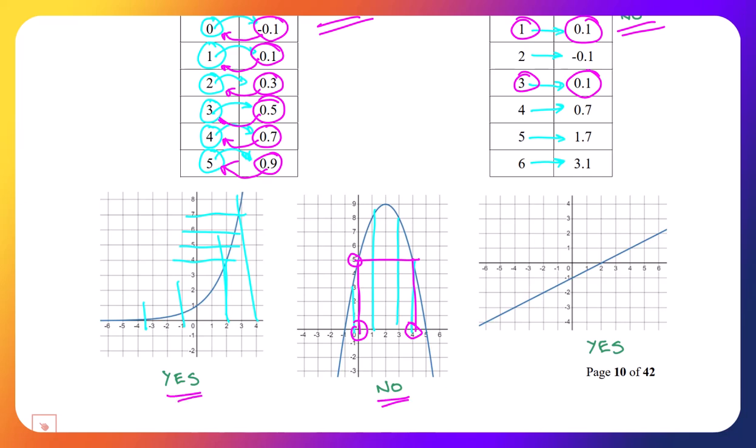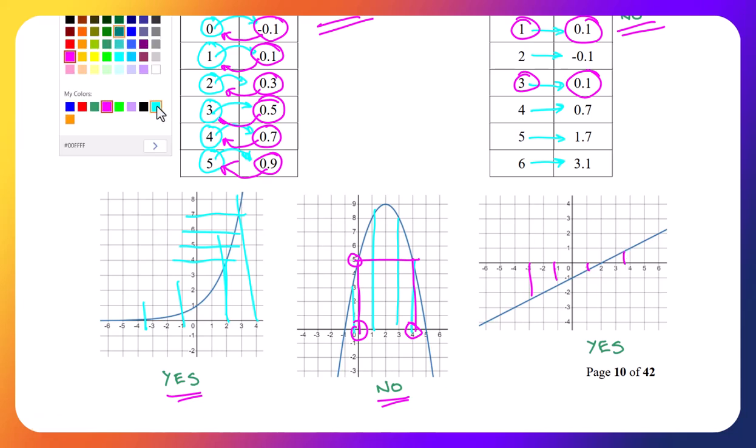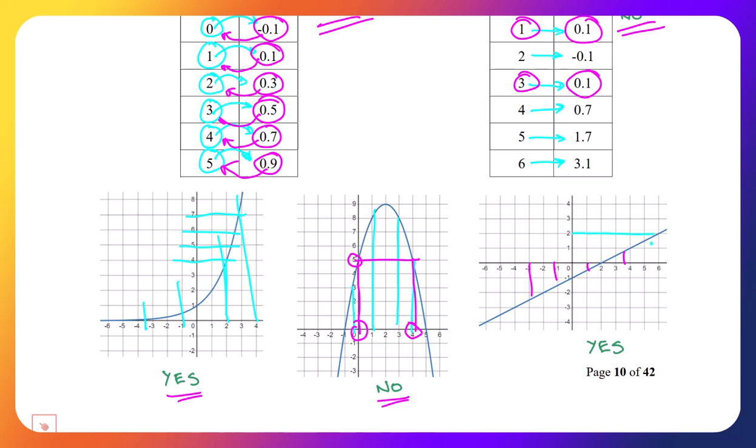Here, every x value has its own y value, makes it a function, and every y value has its own x value, so it makes it a function as well. And it's one-to-one.